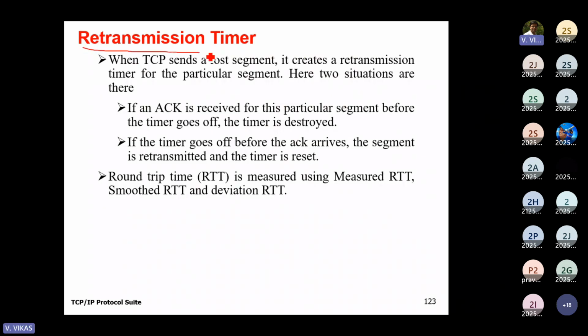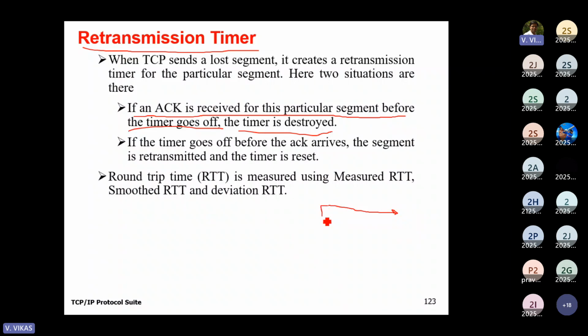With respect to the retransmission timer, we have seen it previously, but we'll discuss it again. Whenever TCP sends a segment, it creates a retransmission timer for that particular segment. Here we can have 2 situations. If an acknowledgement is received for this segment before the timer goes off, we will destroy the timer. Let us say I send a segment and start the RTO, the retransmission timer.